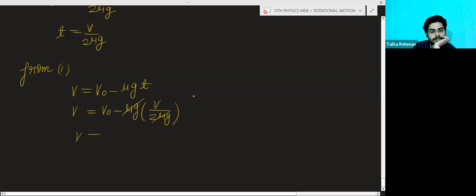So v is equal to v naught minus v/2, so 2v is equal to v naught. So what is the value of v? v is equal to v naught by 2. This is the final answer.